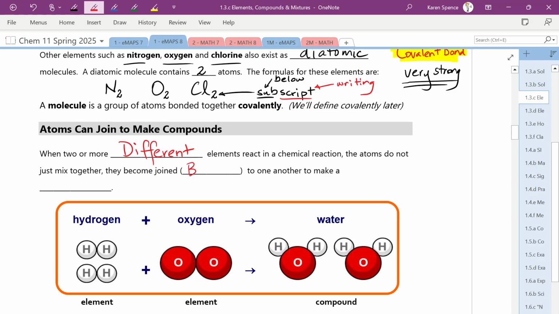Okay, so they become bonded to one another in order to make a molecule. In this case, a compound, when they're different. So they have to be different in order to get a compound.